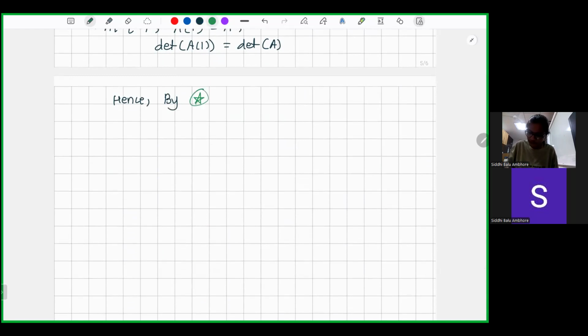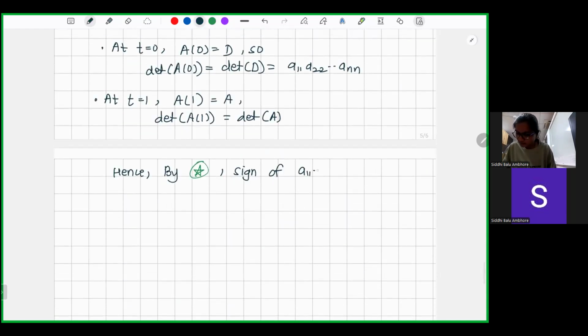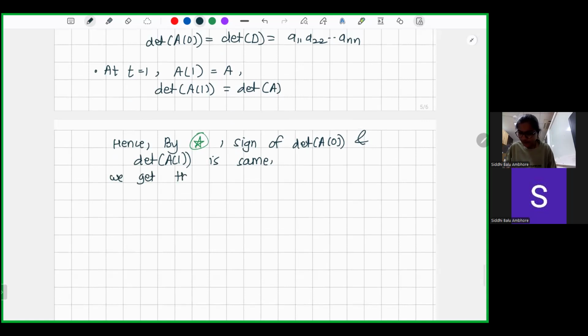By star, the sign of determinant of A(0) and determinant of A(1) is the same. We get that determinant of A(0) times determinant of A(1) will be greater than 0, as they have the same sign and are non-zero.